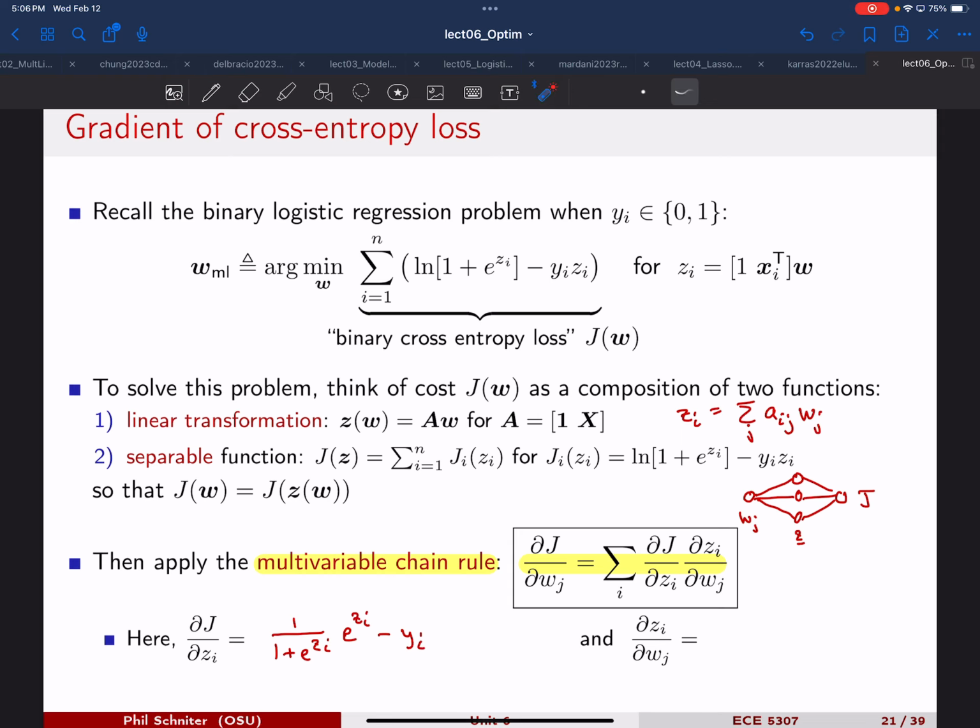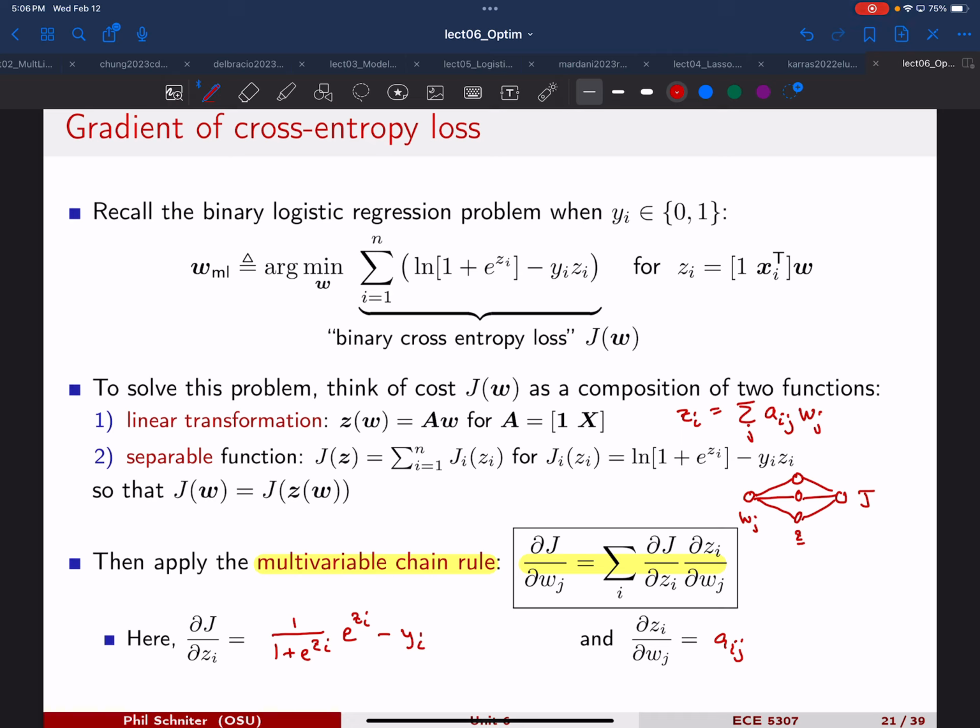So this is just another way of writing this matrix-vector multiply. And from this expression, it's very clear what this derivative is. It's just a_ij. So we have basically the ingredients of what we need for the gradient.